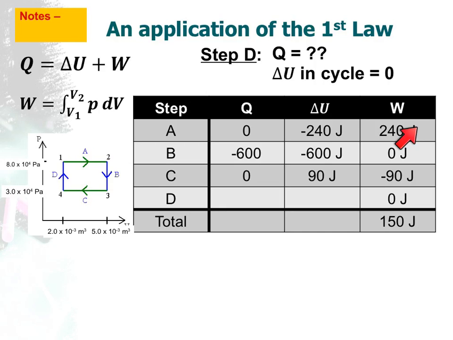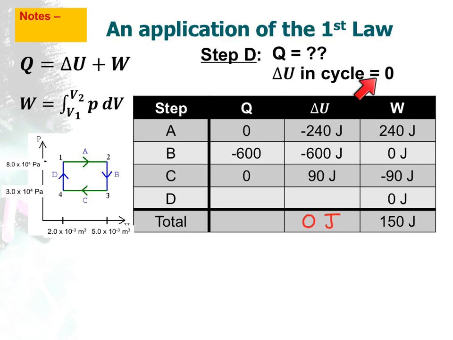So over the entire cycle, the total amount of work is a net 150 joules. And there again, I have to be careful with pronouns. The total amount of work that the system has done on its surroundings is 150 joules. Let's see what I have next here. Okay. Now, because I want to return it to its original state, I know that over the entire cycle, the total internal energy has to equal 0 joules.